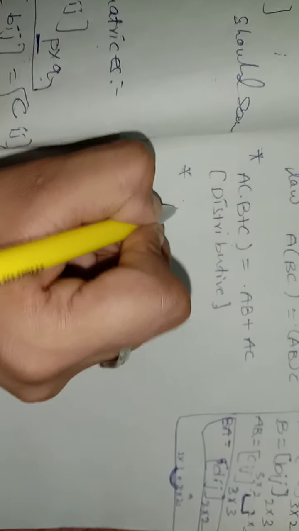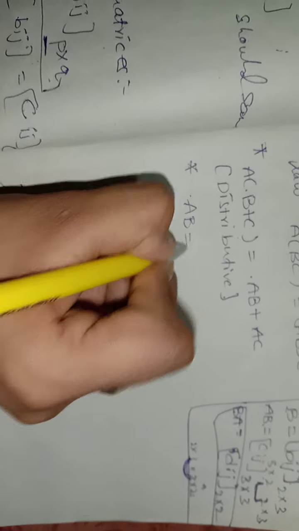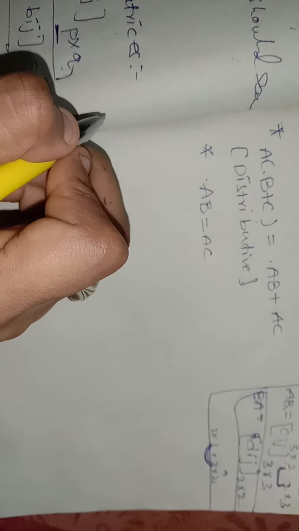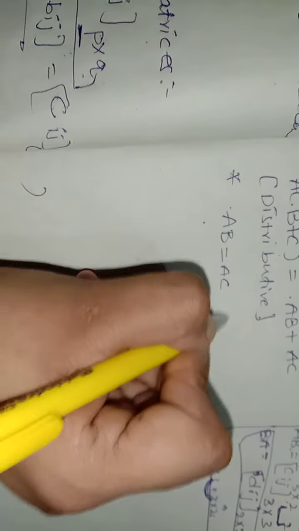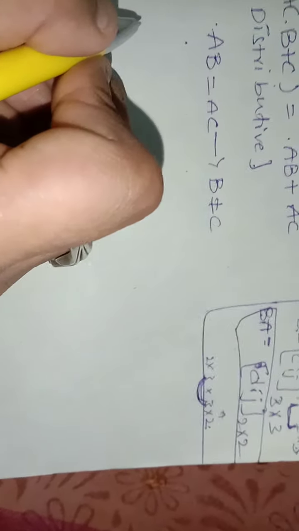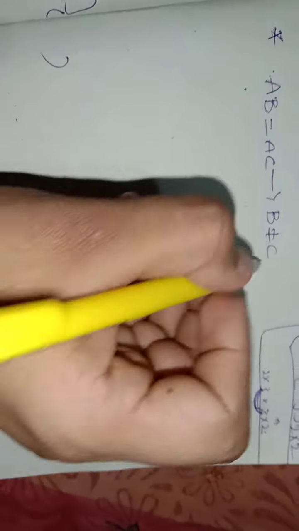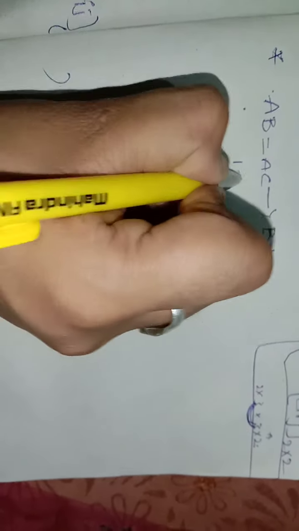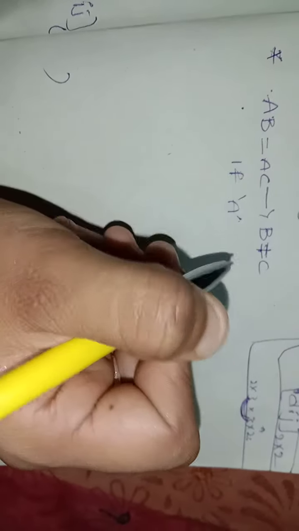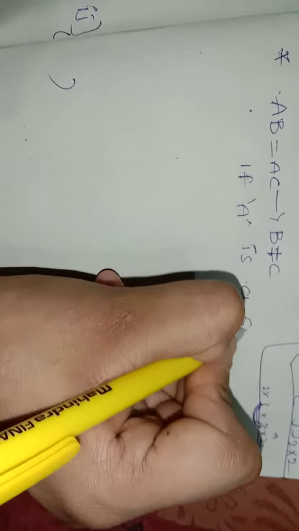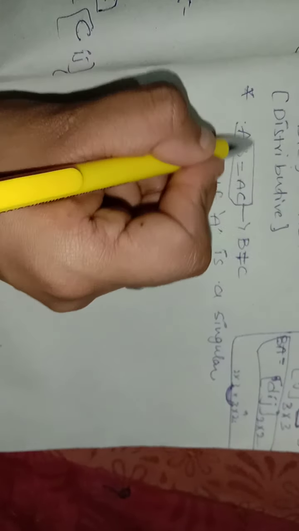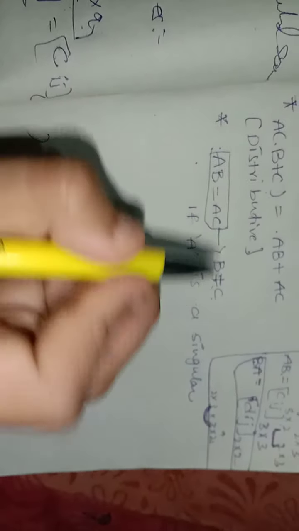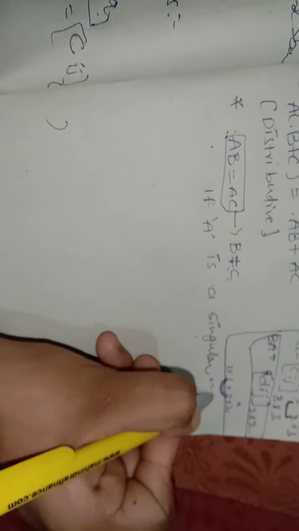If AB equals AC, then B is not necessarily equal to C. B is not equal to C only when A is a singular matrix.